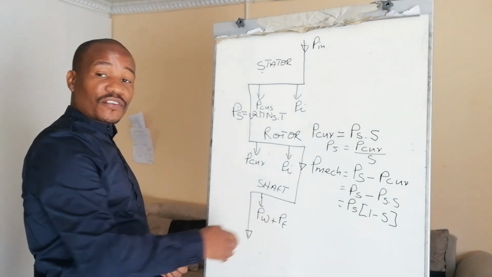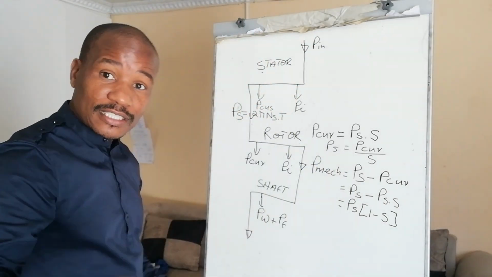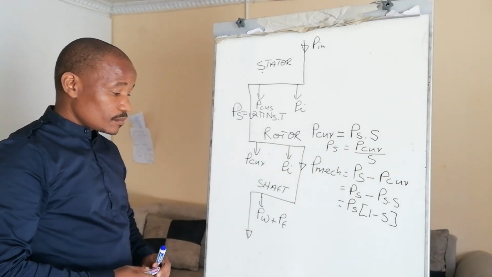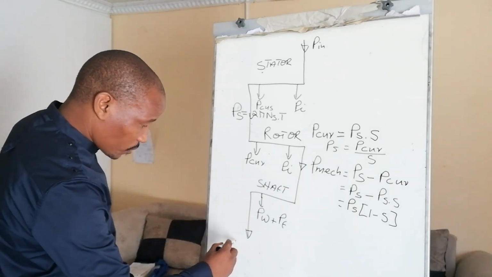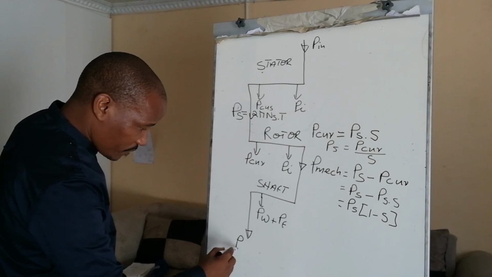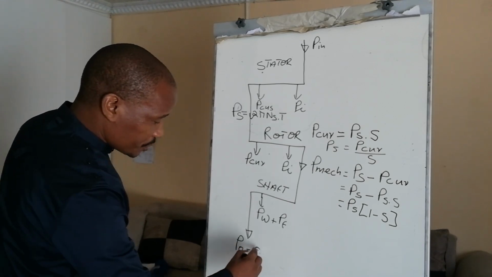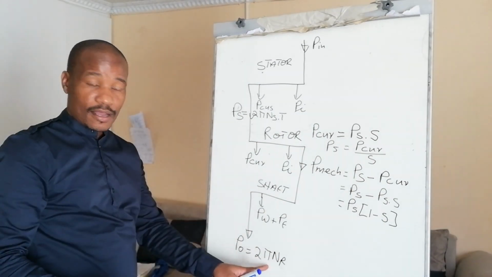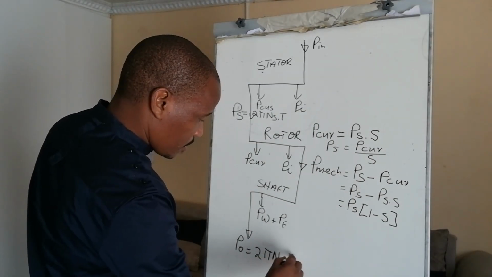These windage and frictional losses are actually due to the fan at the back of the motor, mounted on the rotor. So as that fan rotates, those losses prevail. And then of course at the end we're gonna have the output power, which is 2 pi nr, we call this omega, multiplied by the torque.